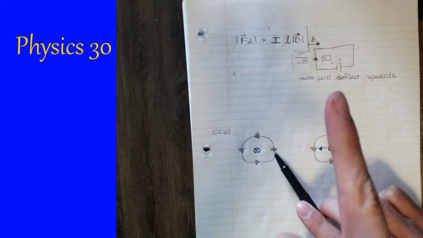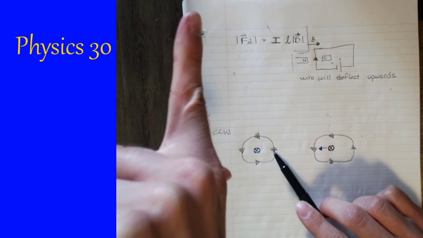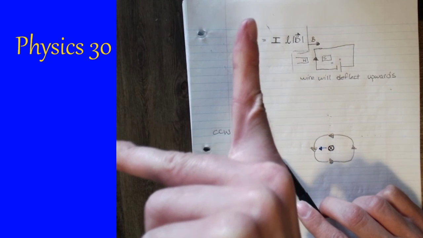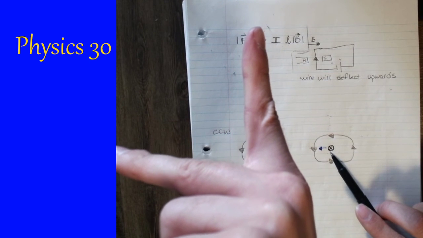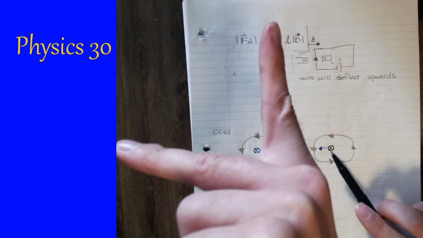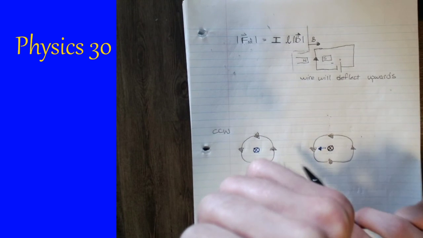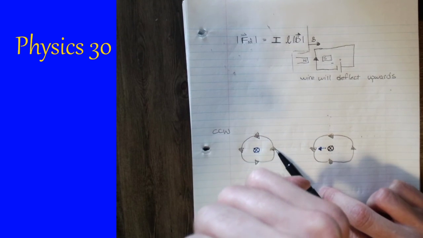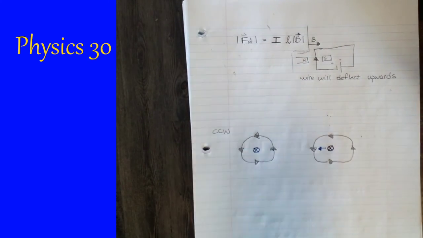So it points to the left. I think I just did that. I just talked about it oddly. Yeah, so this wire here points into the page, and it's affected by this magnetic field, and so it deflects to the left. Yes.